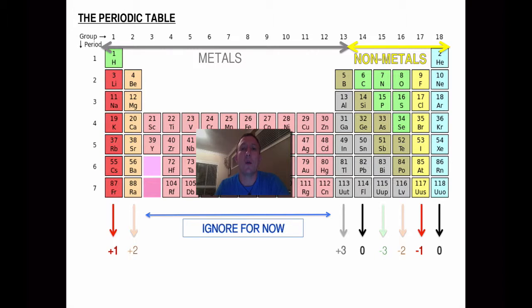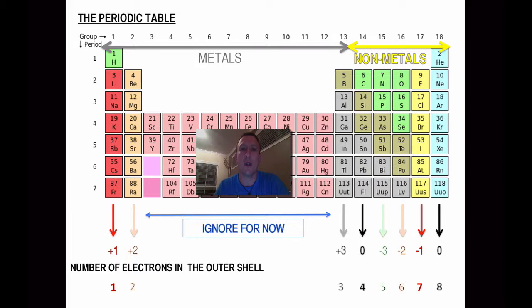So, what we are going to be looking at for the next few tutorials is the interaction between the positive cations, so those are the +1s, the +2s, and the +3s, and the negative anions, which are the -3s, -2s, and -1s. Just to recap, note that you form an ion depending on the number of electrons that you've got in the outer shell.